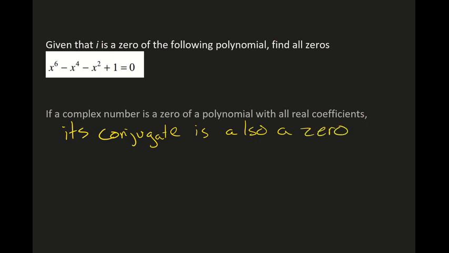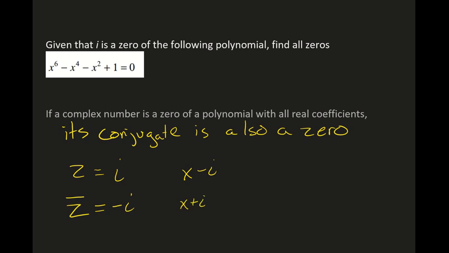So we'll talk about complex numbers in the form of z. Let's say that z is equal to i. Its conjugate, we're going to call that z bar, would be negative i. So if we're taking a look at the factors of this, this would be x minus i, and this would be x plus i.